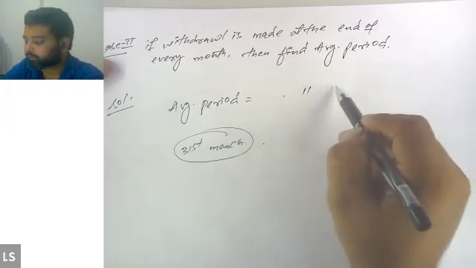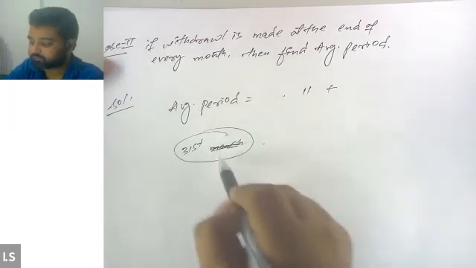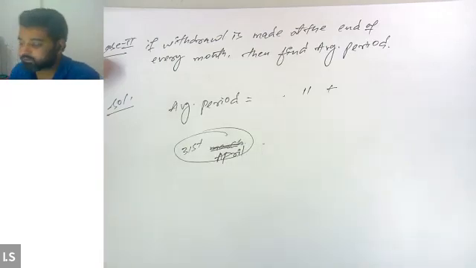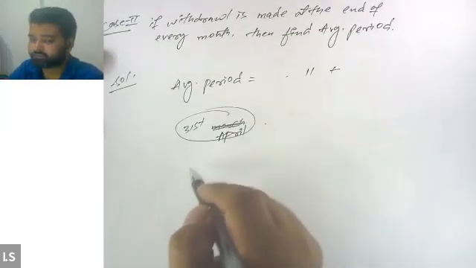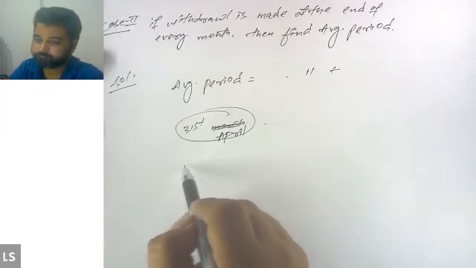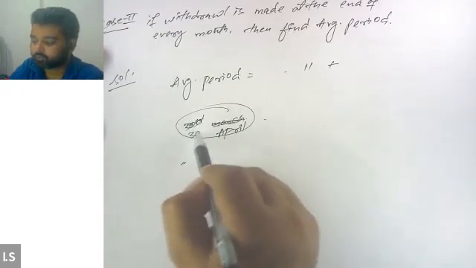Okay, now not 31st March, it will be 31st April. So first withdrawal will be made on 31st April, and after that we will still be left with 11 months. And could you please tell me, the last withdrawal will be made on which date?